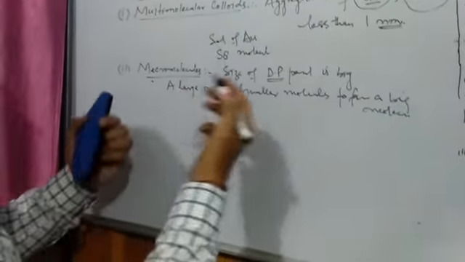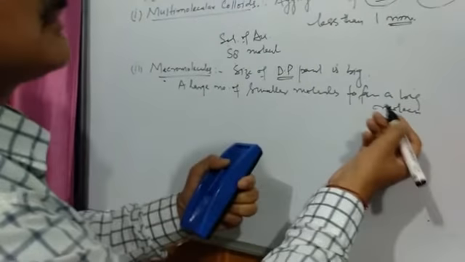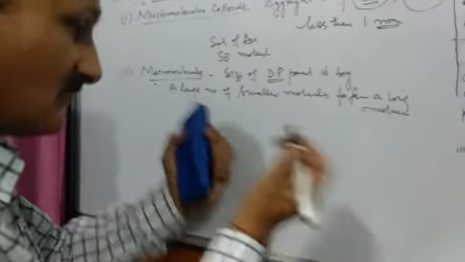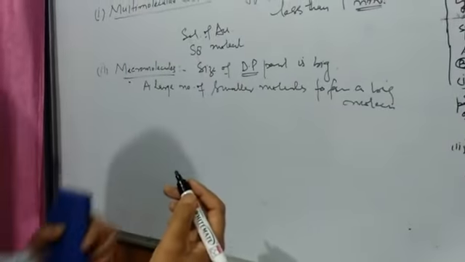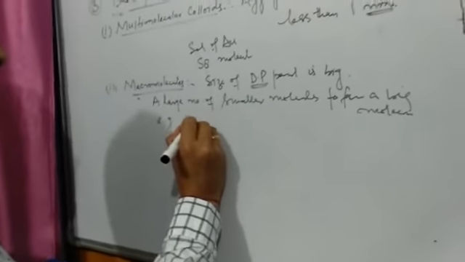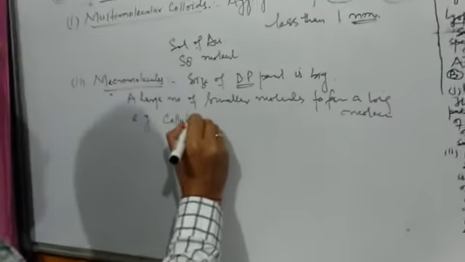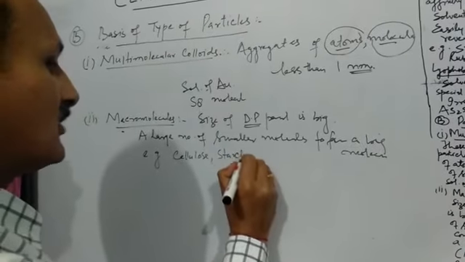How many molecules may combine? Hundreds and thousands of smaller molecules combine to form a macromolecule. For example, cellulose is a common example of a macromolecule. Similarly, starch is another example.